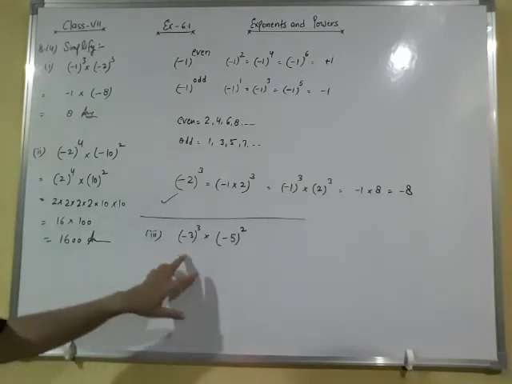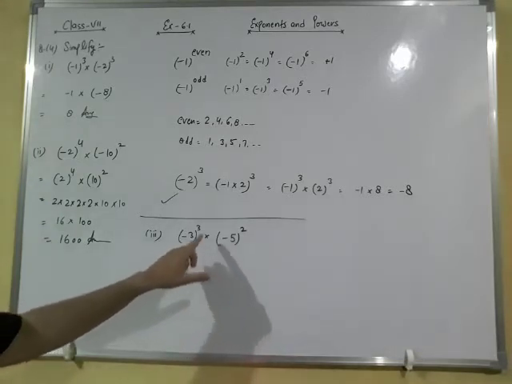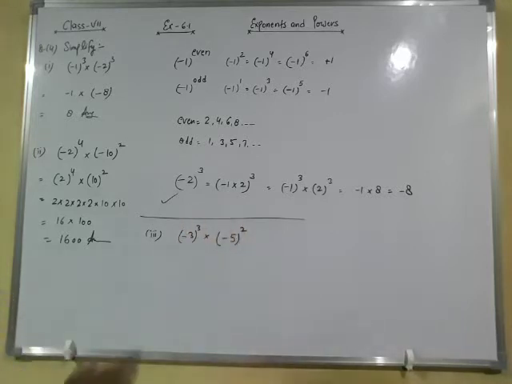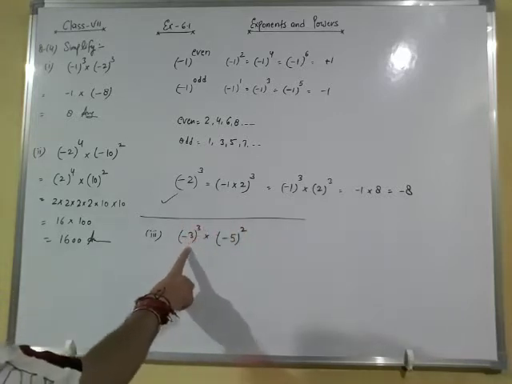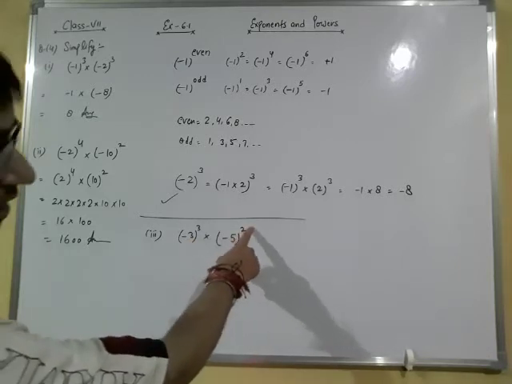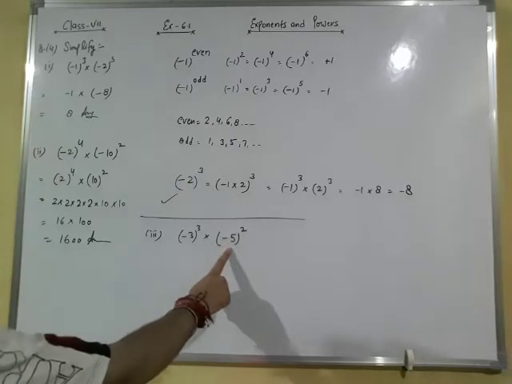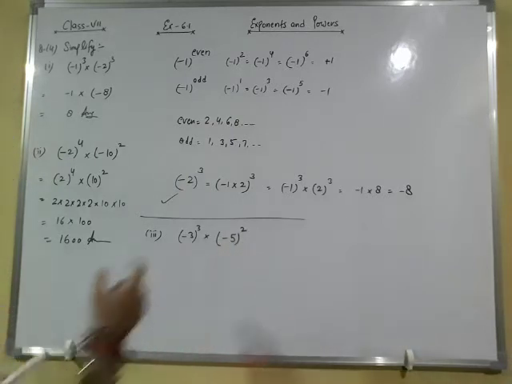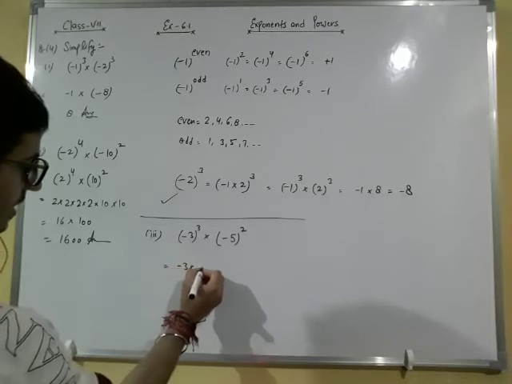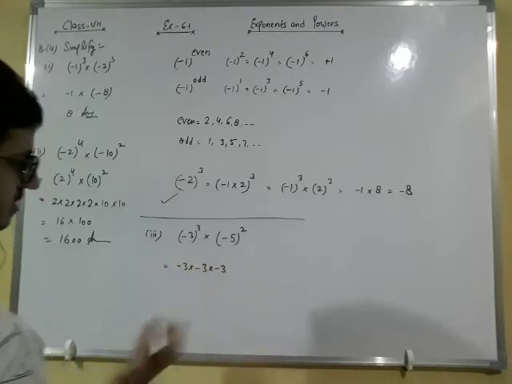Right? Now in this question we have one odd power and one even power. So due to the odd power, the answer of this exponent will be negative, and due to the even power, the answer of this exponent will be positive. So it will be minus 3 multiply minus 3 multiply minus 3.